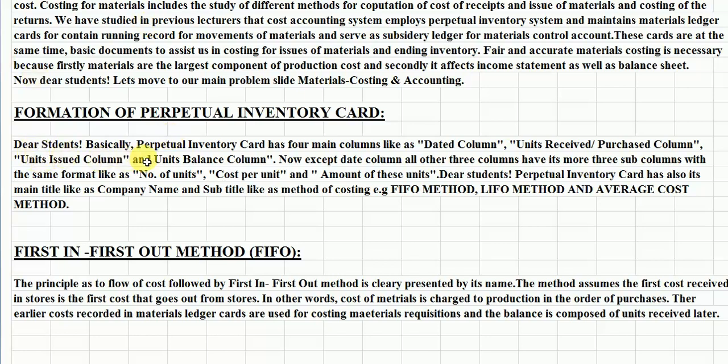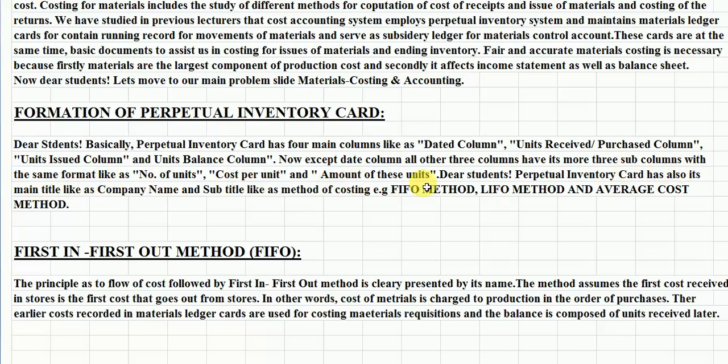Dear students, basically a perpetual inventory card has four main columns: the date column, the units received or purchased column, the units issued column, and the units balance column. Now, except the date column, all other three columns have three more sub columns with the same format: number of units, cost per unit, and amount.